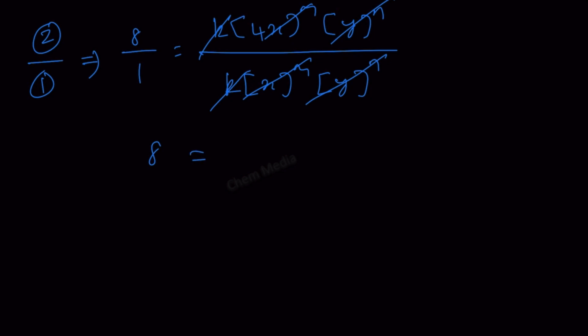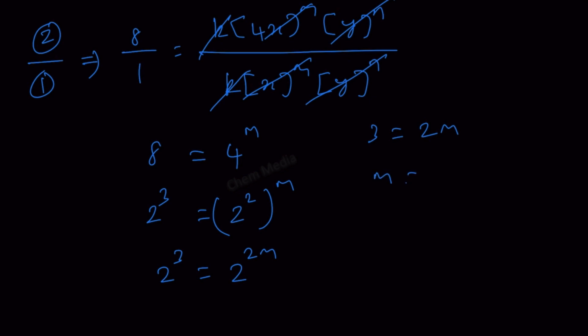Therefore, 8 equal to 4 to the power m, 8 we can write as 2 to the power 3 and 4 we can write as 2 squared to the whole power m. Therefore, 2 to the power 3 is equal to 2 to the power 2m. Therefore, 3 equal to 2m. Therefore, m equal to 3 by 2. So that's our second unknown.